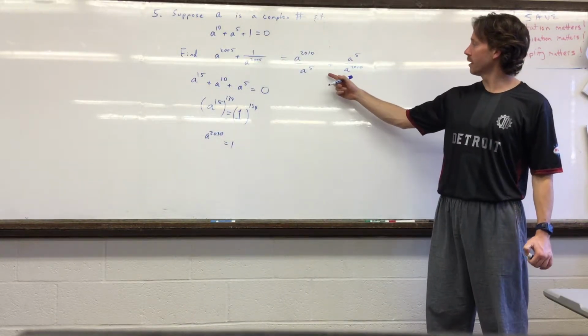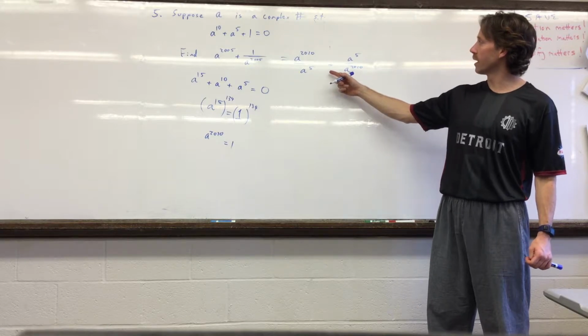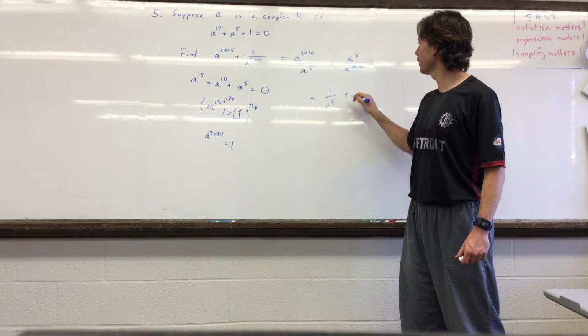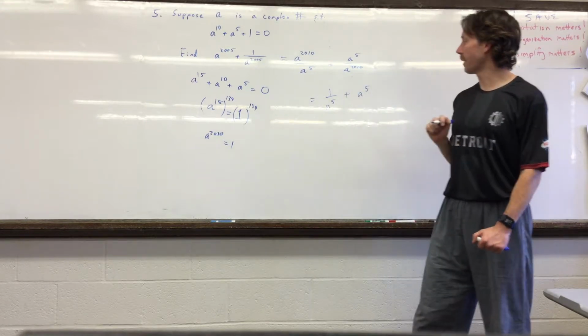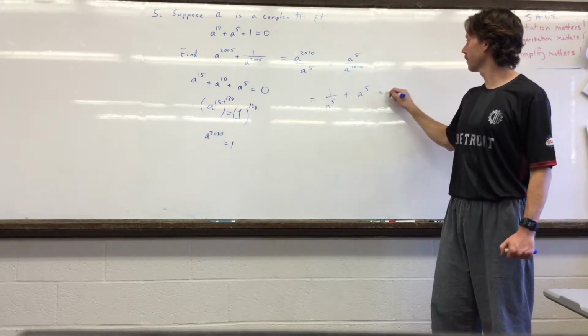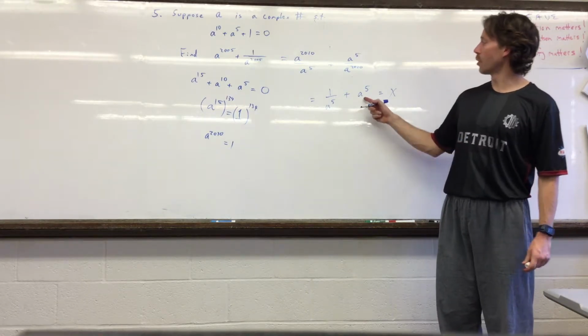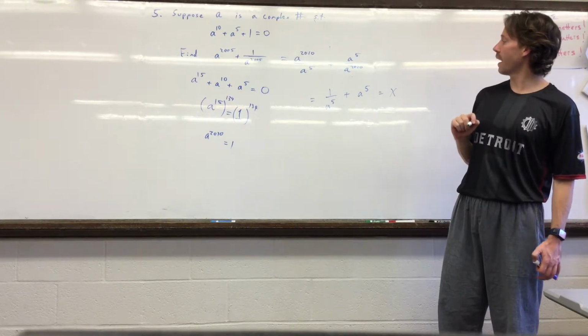So from here, this is 1 over a to the 5 plus a to the 5, equals the value we're looking for, call it x. What I want to do is multiply this equation by a to the 5 again.